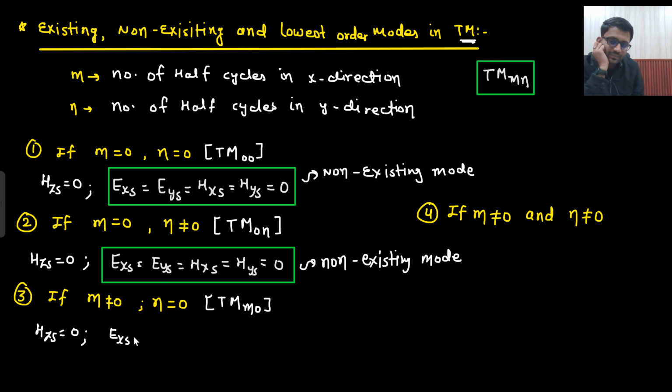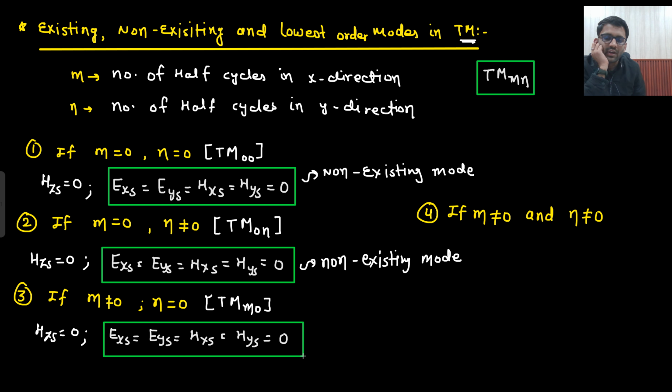But here, EXS, EYS, HXS and HYS are all coming towards 0. And what do you understand by this? Non-existing mode.